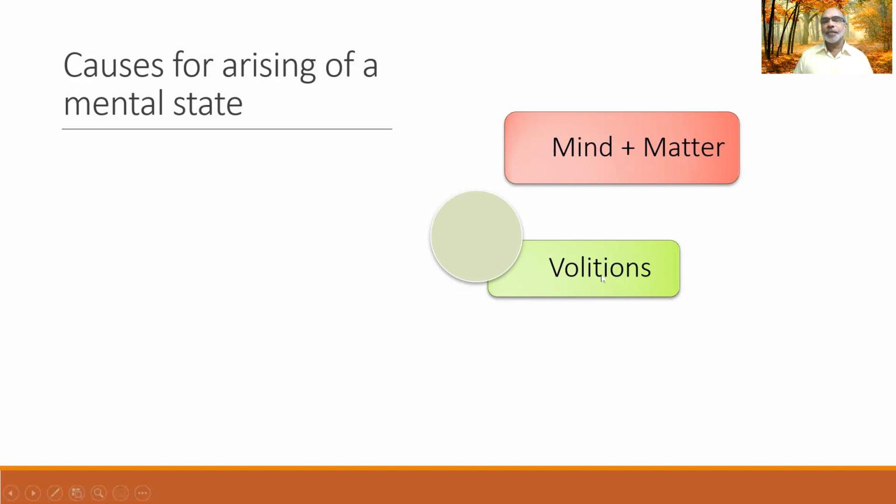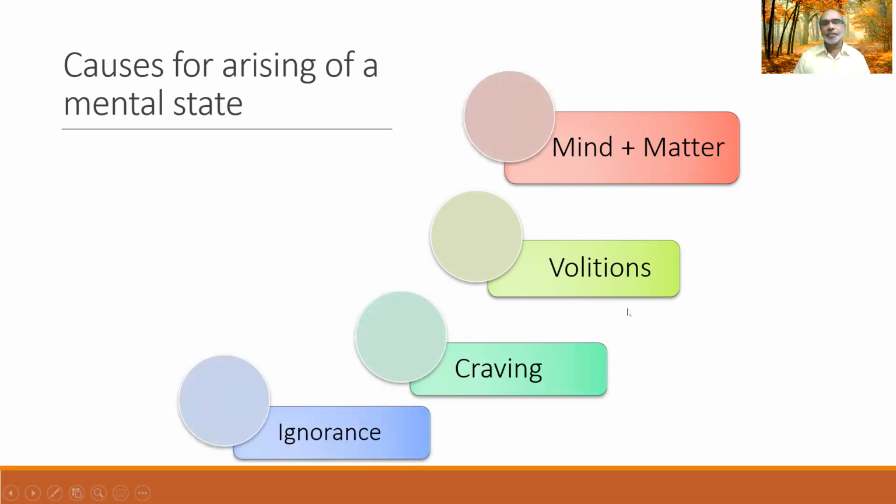But we also know that any volition, whether it's mental volition or verbal volition or physical volition, all of them are driven by certain mental factors, such subtle mental factors such as craving and ignorance.